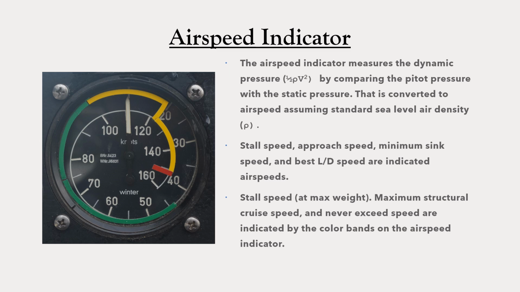And then the never exceed speed is indicated by this red bar on the airspeed indicator. That is the speed that, even in perfectly still air, you should not go above. In aircraft that have flaps, you may see a white arc that indicates the range of speeds at which you can have the flaps deployed.